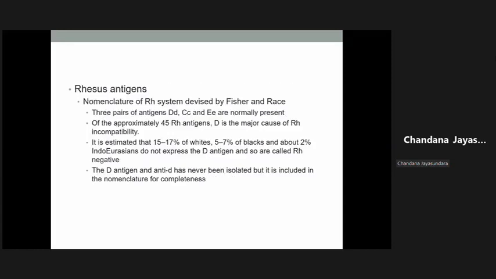So what are these rhesus antigens? The nomenclature of the RH system was devised by two people, Fisher and Race. Actually, they both invented it at the same point, so they combined the names.